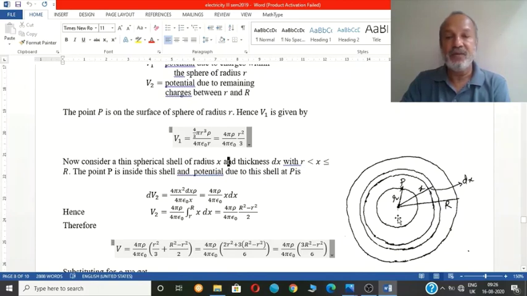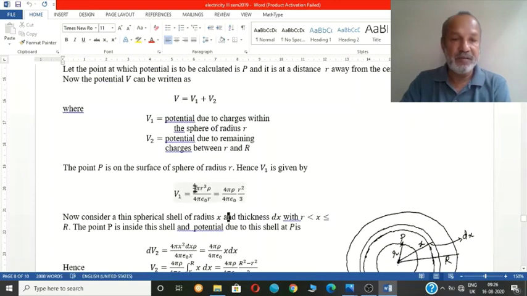The charge density is rho, so volume into density is the total charge. The volume is 4 by 3 pi r cube, into density, so that is the total charge Q. So Q by 4 pi epsilon 0 r, and if we simplify that, we get this result.